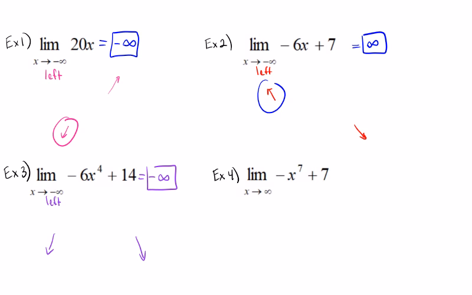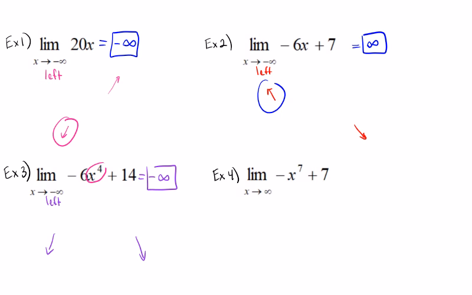Or, once again, the other way to do it is ignore this number, and just think about, as we approach negative infinity, that means we're going to be plugging in numbers that are more and more negative. But if you raise a negative number to the fourth power, it's going to turn positive.